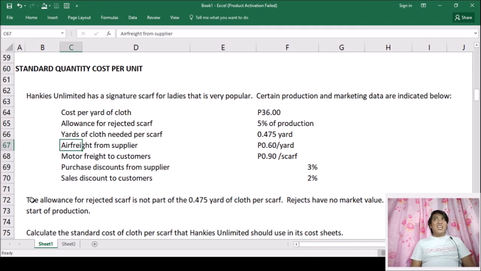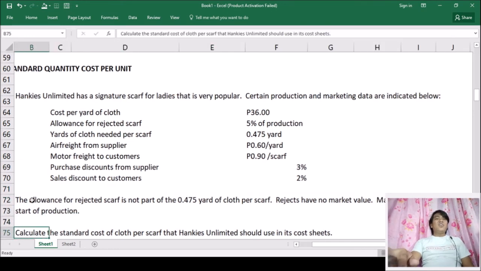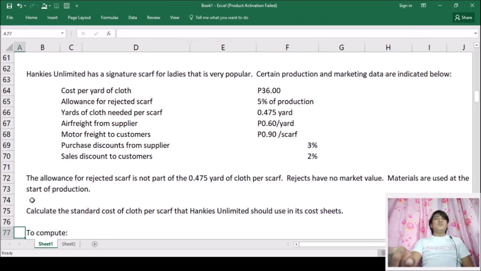So, we need to work it back yung 0.475 kung magkano yung na-reject. Okay? Kung magkano ang cloth per scarf, assuming there were no rejects. Okay? Rejects have no market value. Materials are used at the start of production.